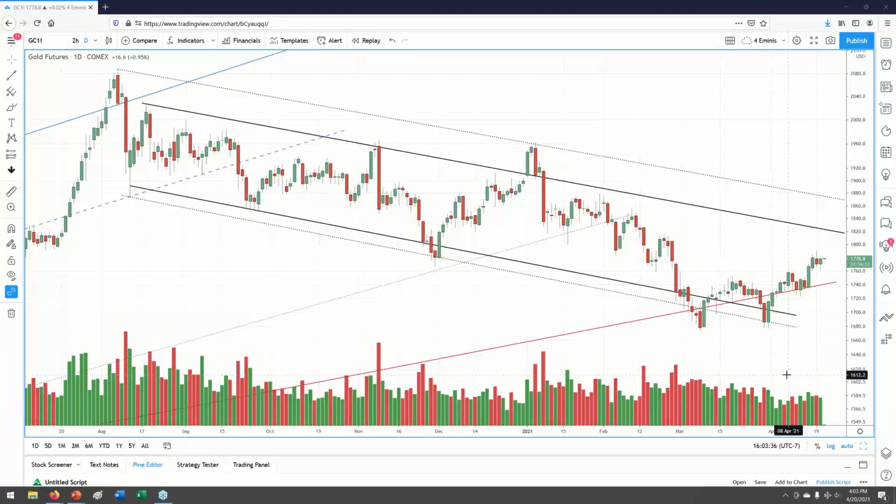Some individual stocks in gold and silver also are producing a lot of breakouts right now, so check those out as well. And what else? Yeah, probably those would be the main ones.